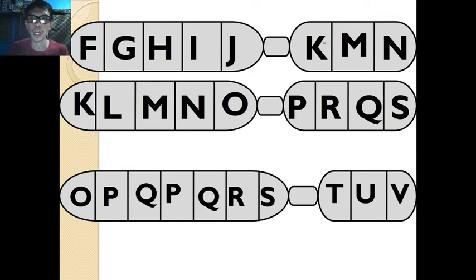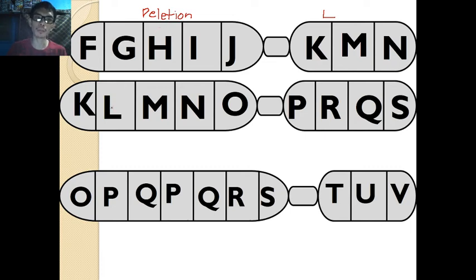We have a missing letter here: F, G, H, I, J, K, M, N. The missing letter is L. If the L is missing, it is said to be deleted, or deletion happened on this chromosome.